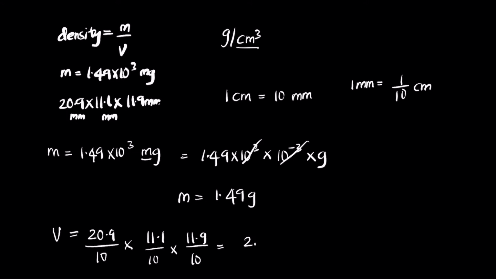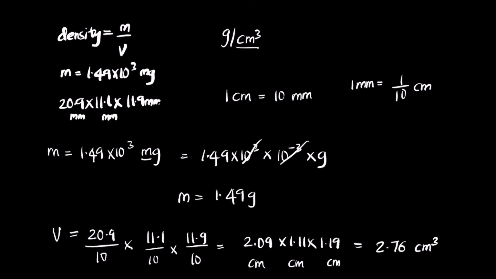So you get 2.09 into 1.11 into 1.19. All of these values are in centimeter. Now we can multiply this to get the final answer. So you have 2.09 times 1.11 times 1.19. That gives you a value of 2.76 centimeter cube.